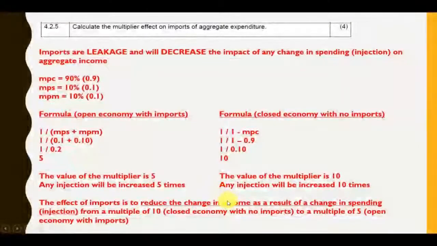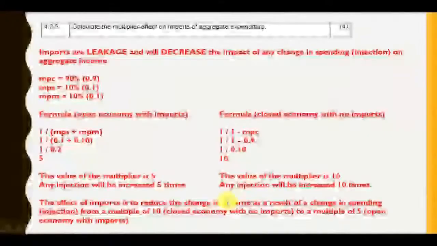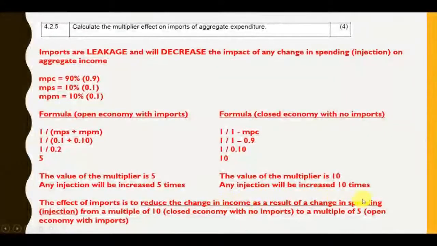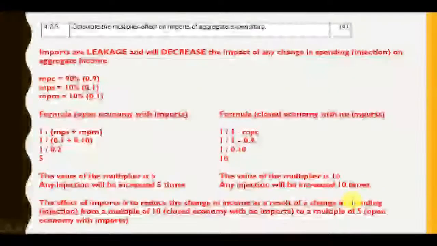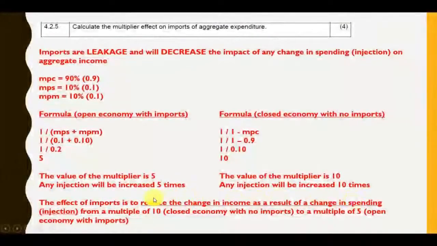So for any injection, there will be a 10 times increase in economic activity as a result of that injection. But when I've got my imports, economic activity only increases by 5 times. Because remember, what did I say right at the beginning? Imports are a leakage and will decrease the impact of any change in spending on aggregate income.